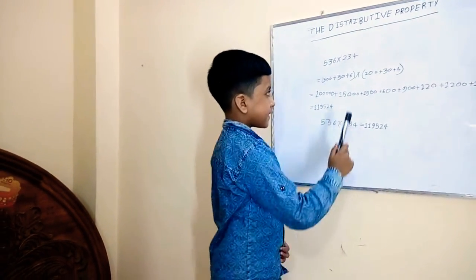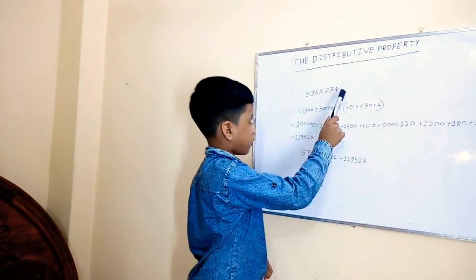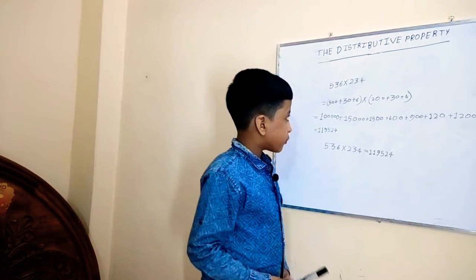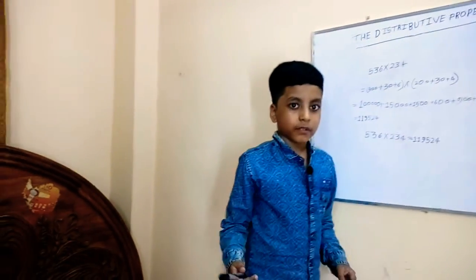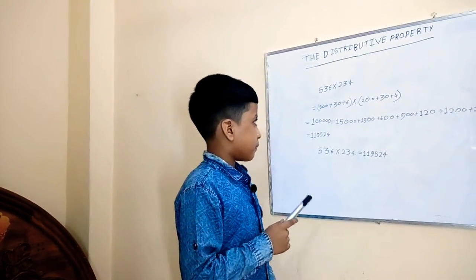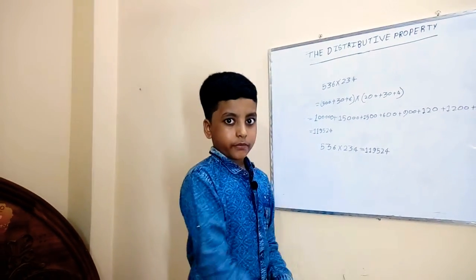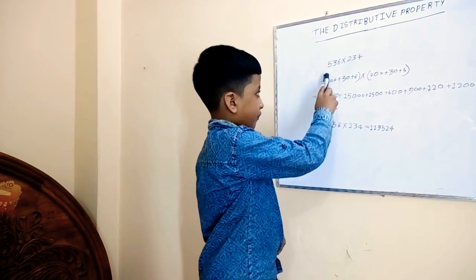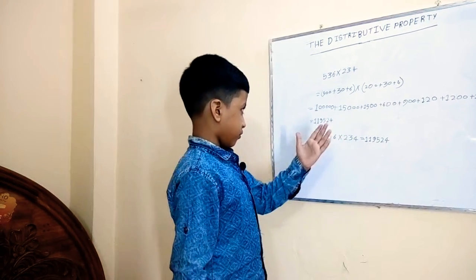So this is how you can multiply a multi-digit number by another multi-digit number using the distributive property. You just need to make a group sum, like expanded form, and multiply those two groups together, and then distribute the first member to each member in another group.